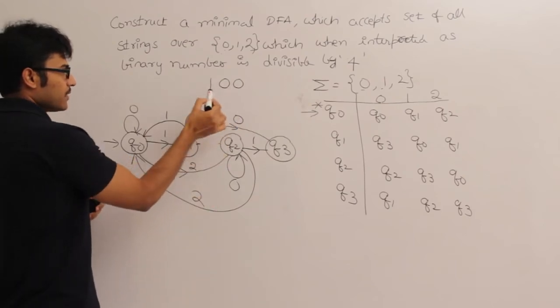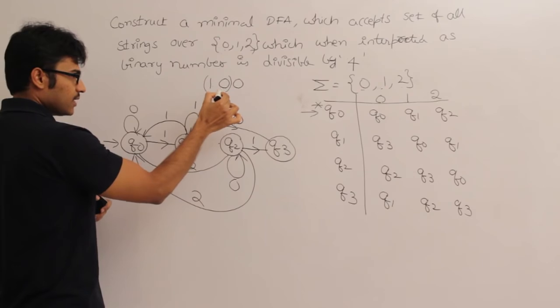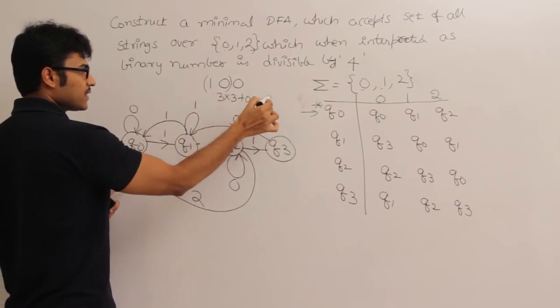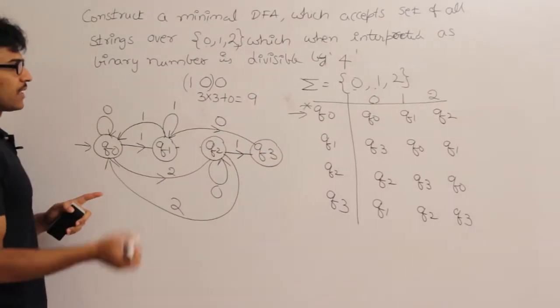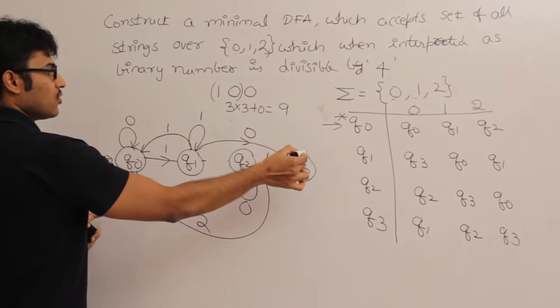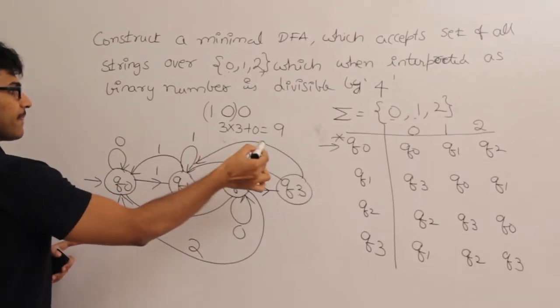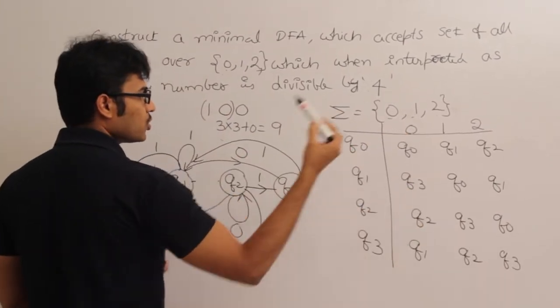This is nothing but 3 into 3 plus 0, which is 9. 9 when divided by 4 is going to give you a remainder of 1. Therefore Q3 on 0 is going to go to Q1.